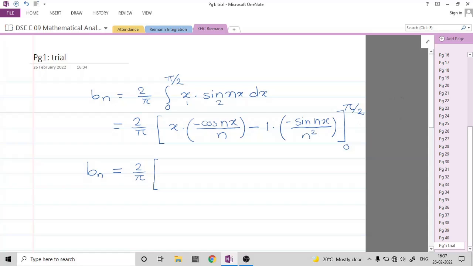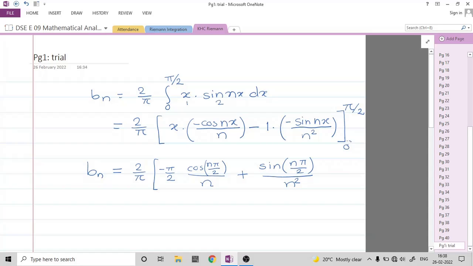Okay, now let us put upper limit first. When x is equal to pi by 2, this minus sign as it is, cos nx is equal to pi by 2, so it becomes cos n pi by 2 divided by n, minus minus plus, so plus sign, multiplying by 1, it is identity, so forget it. Sin nx, and x is equal to now upper limit pi by 2, denominator is n square as it is.